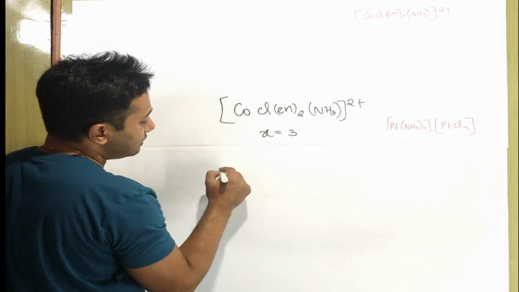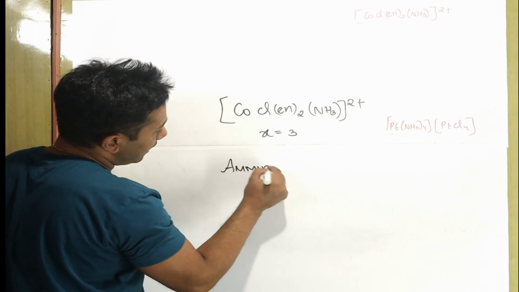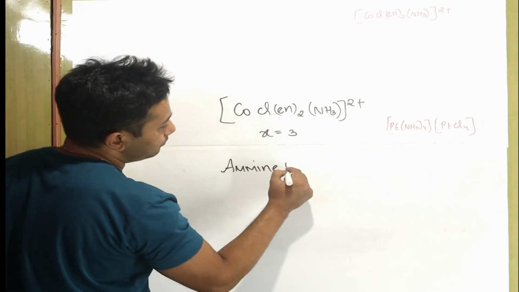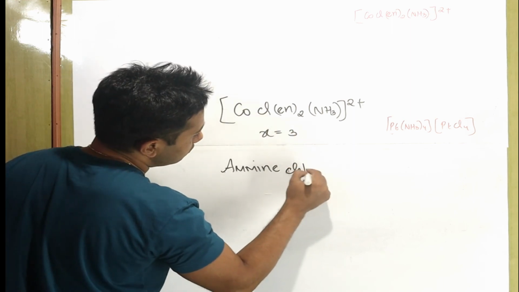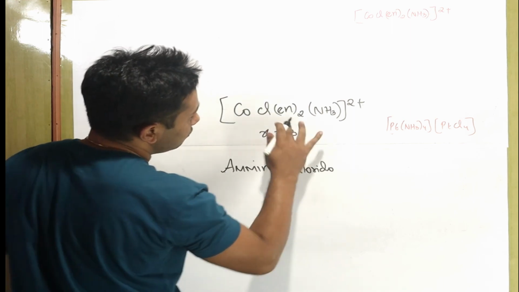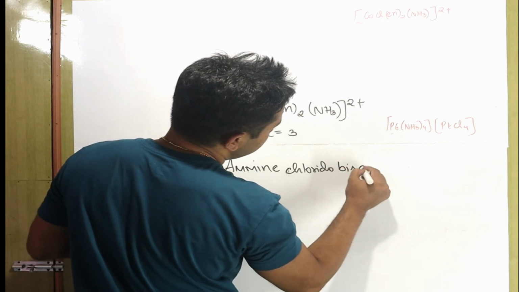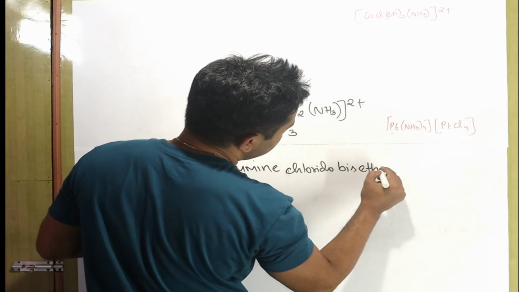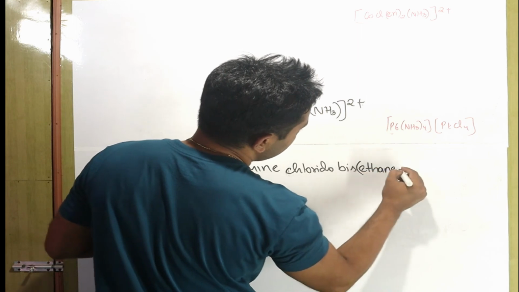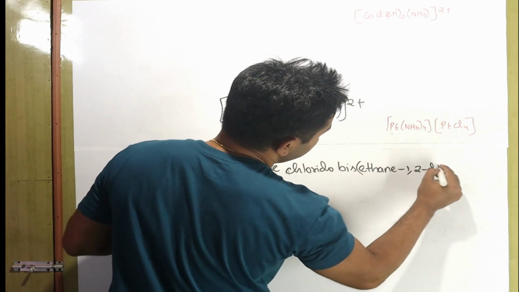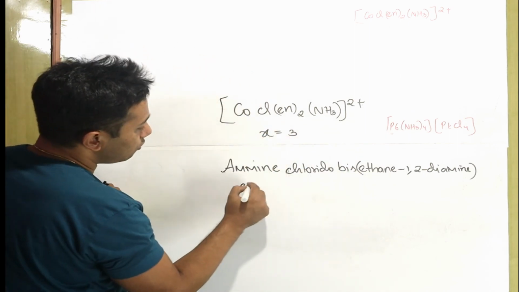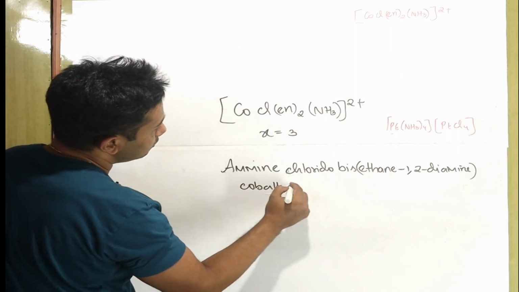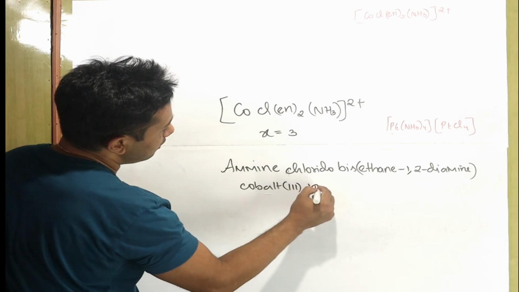So this is first. We have amine, chlorido, bis, ethane-1,2-diamine, cobalt 3 ions.